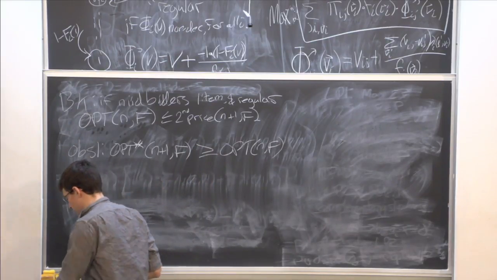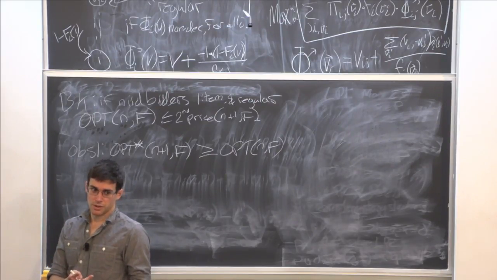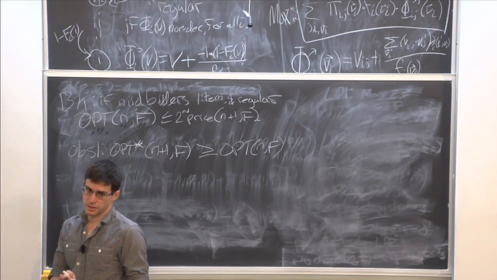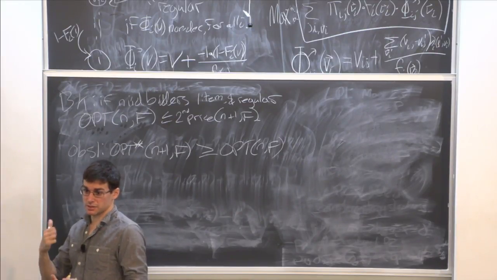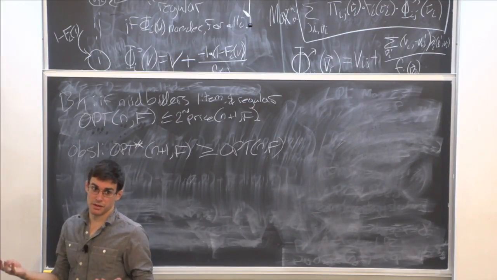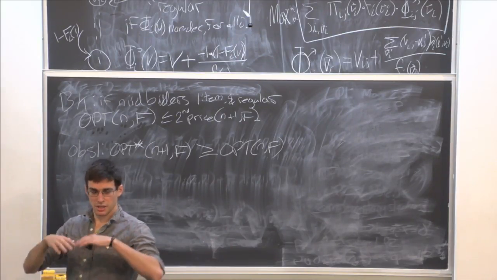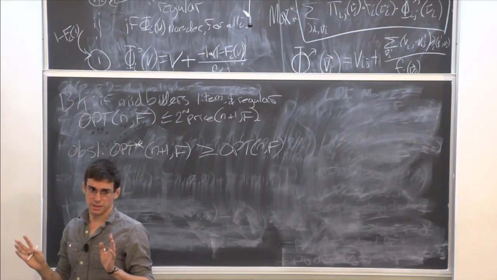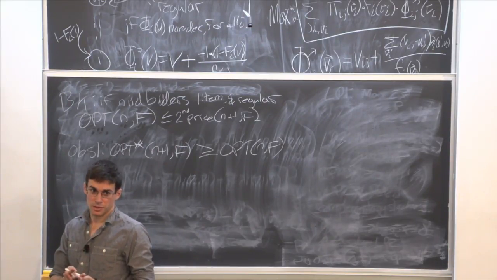Okay, so what is opt star? I'll just say it out loud. You can use any mechanism you want, but you have to always give the item to someone. With opt, sometimes maybe you will say if everyone's value is too low, I would prefer not to sell it because I can charge other people in the population more. Opt star just says you have to give the item to someone.